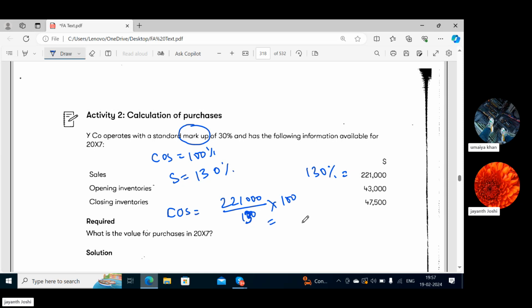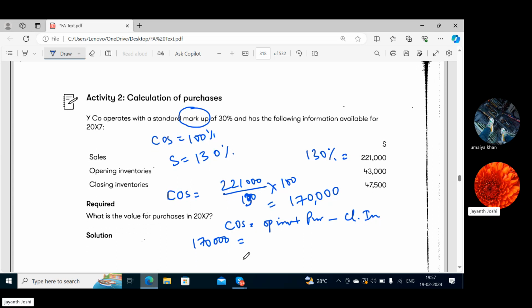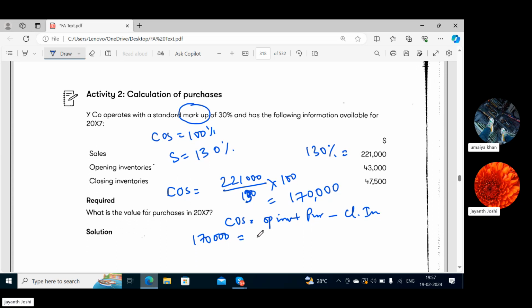We can find cost of sales, that is 170,000. So we found cost of sales. Now the cost of sales formula is opening inventory plus purchases minus closing inventory. All information we have got, only the purchase information we are unaware of, so we have to find that answer.